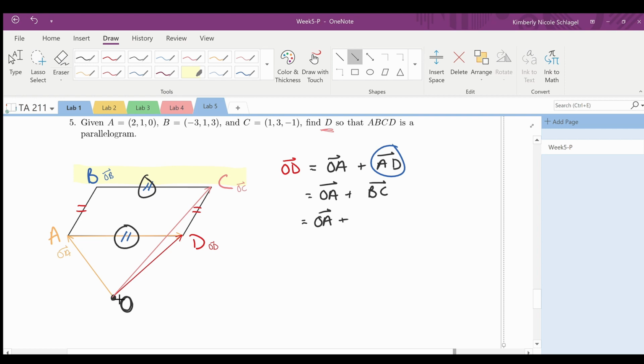Now OB, just to remind you guys, looks something like this. Okay, so that's OB. If we were to subtract that, since you know it's a vector and it has a direction, then it's going to look something like that, except pointing in the opposite direction. So like this. Something sort of like this. Right? Does that make sense?